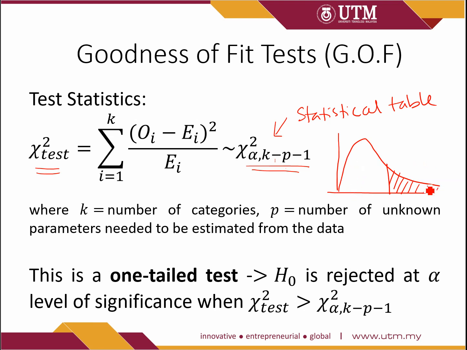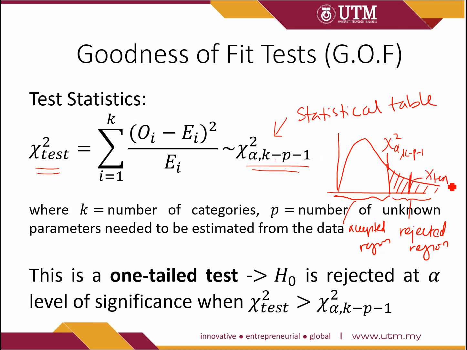So this would be the rejected region, and this is the accepted region. This would be your chi-squared alpha, k minus p minus 1. If your chi-squared test is inside the rejected region, you have to reject the H null. However, if your chi-squared test is outside the rejected region, then you accept H null.